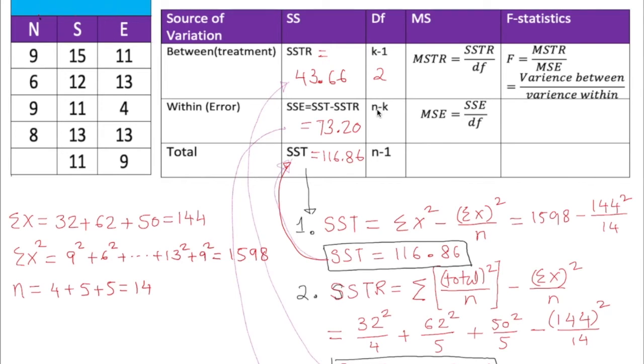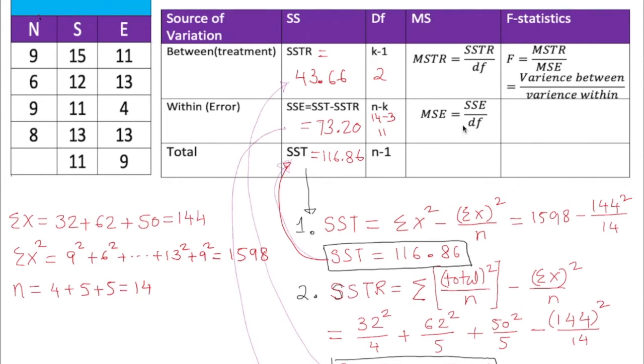Excellent. Then next is n, the total sample size, meaning how many numbers we have. We already have n as 14, in other words 5, 10, 14. So 14 minus 3 should be 11.